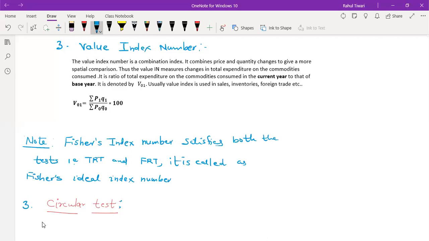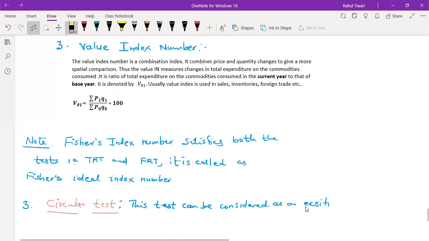This test can be considered as an extension of TRT.